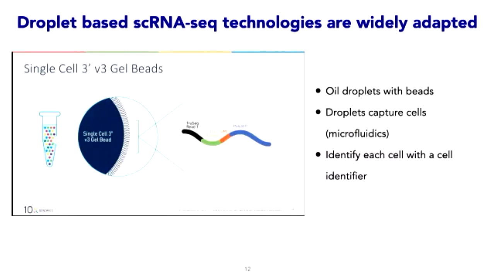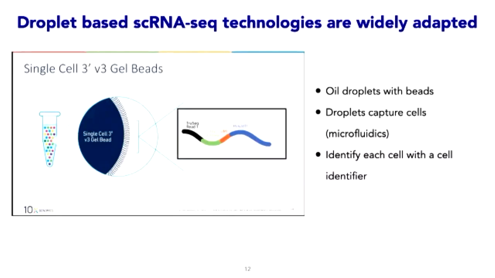Among the many different technologies, droplet-based single-cell technologies have really become very versatile and scalable and widely adopted. Briefly, there are oil droplets which have beads in them. These droplets capture cells in a microfluidic system. And within a bead, there are several oligonucleotide constructs which have cell identifiers. And we are going to go a little deeper into that.